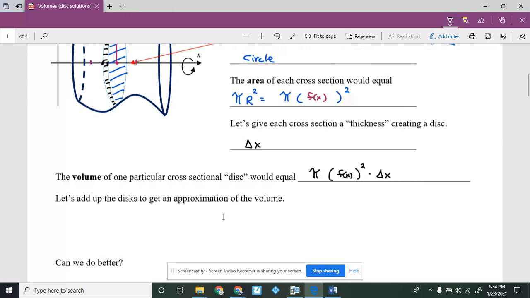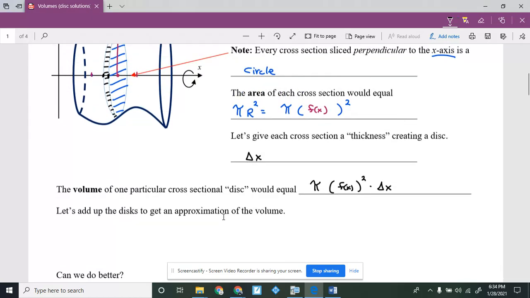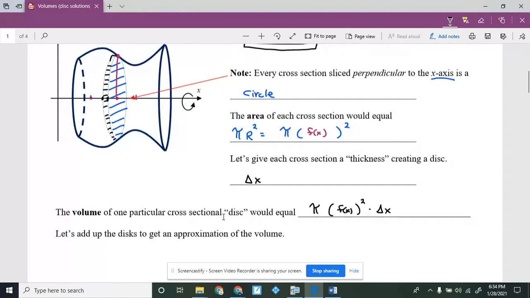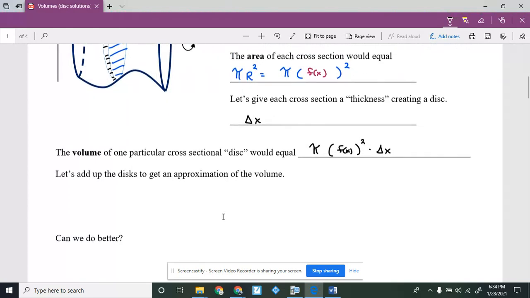So now it says, let's add up the disks to get an approximation of the volume. Can we do better? So how would I do this? I can say one representative disk would look something like this, and I can put a subscript on this, and call this delta x, and I could do delta x k, but I can make them uniform.